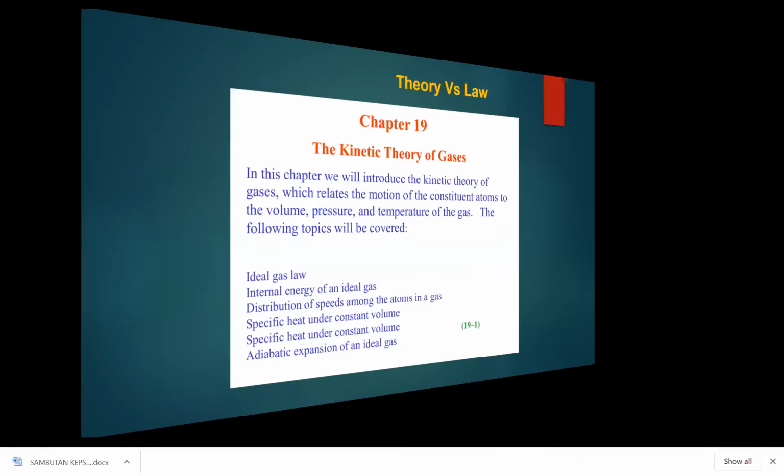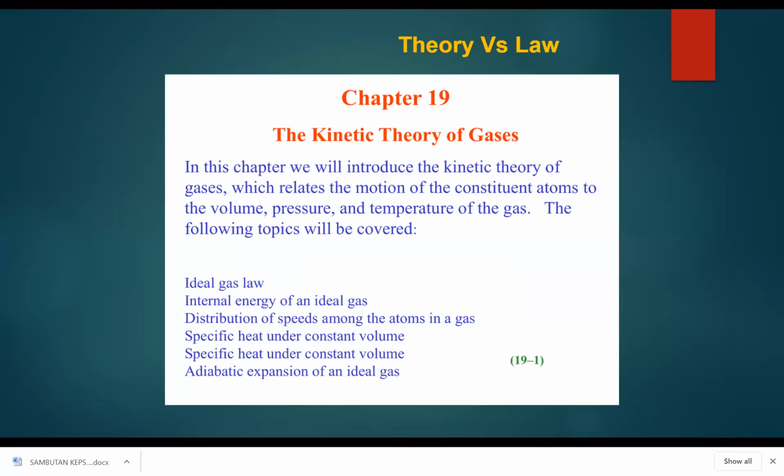Maybe to make it easier to explain the difference between theory and law, I'm going to give you one example. This example is still about the ideal gas law, because this is one of the famous laws in chemistry. The ideal gas law actually comes from one theory, called the kinetic theory of gas.